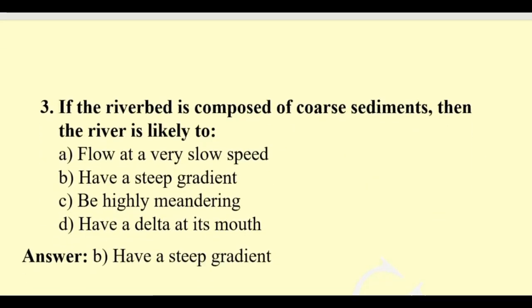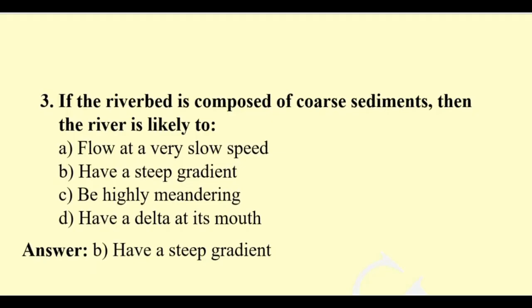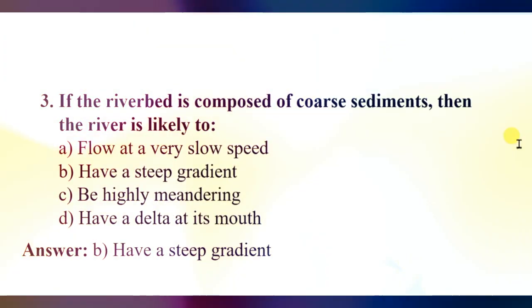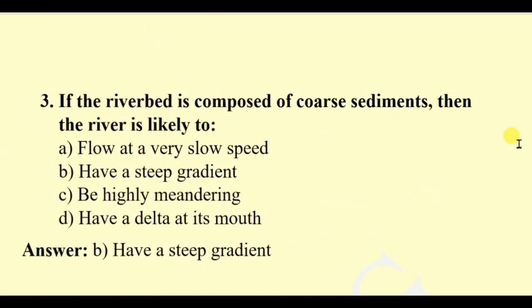Question 3. If the river bed is composed of coarse sediments, then the river is likely to flow at a very slow speed, have a steep gradient, be highly meandering, or have a delta at its mouth. Here the right answer will be have a steep gradient. A steep gradient means the energy is more, and if the energy is more, then the transport capacity will be more.